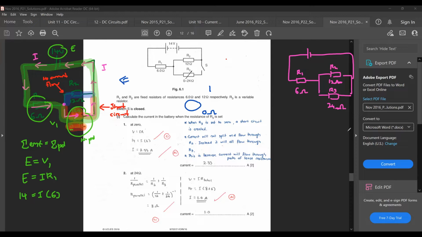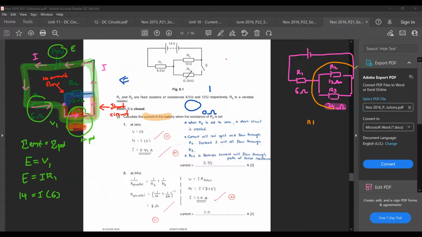Now you have a case where the resistance R3 actually has some value. It's not 0, so you don't have any short circuit now. So again they want you to calculate the current inside the battery. All right, how do you go about doing that? You can actually simplify this circuit into an equivalent circuit.